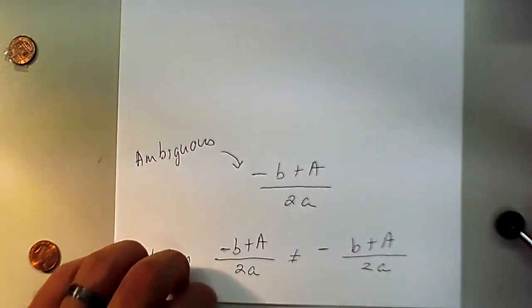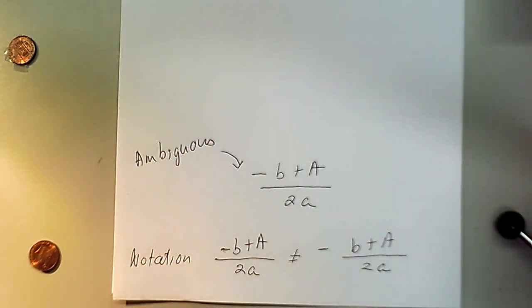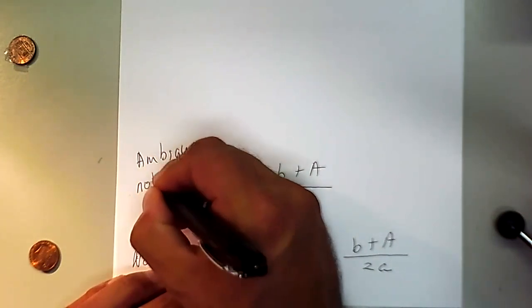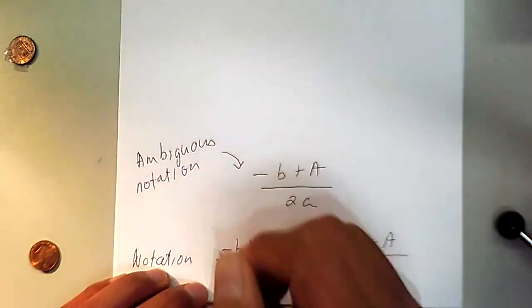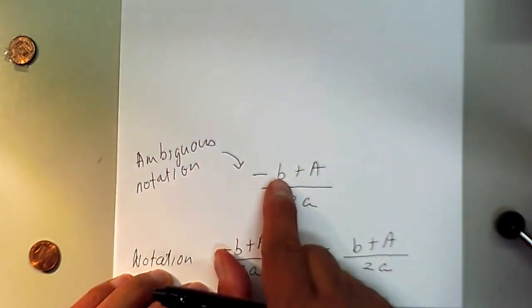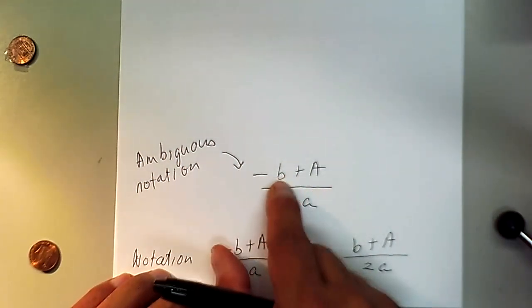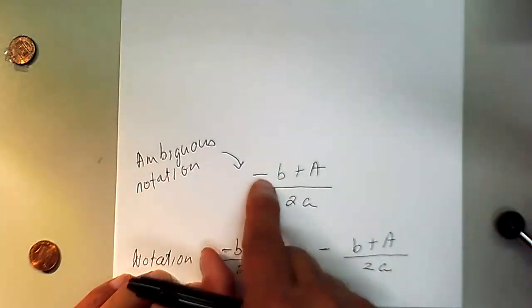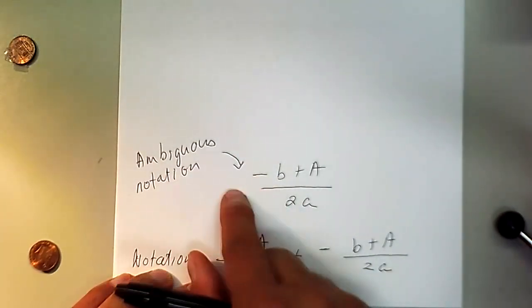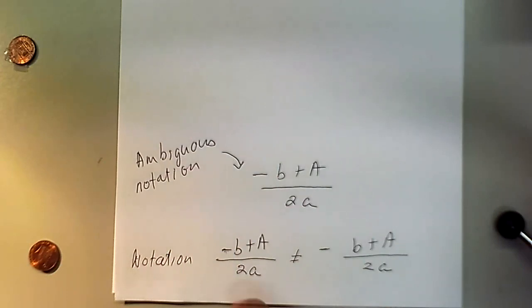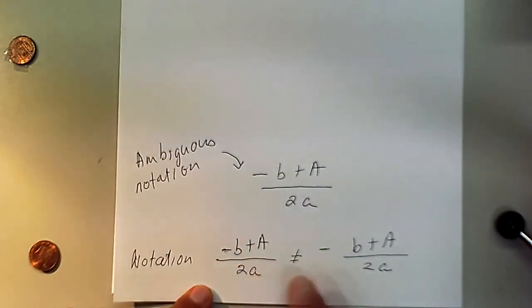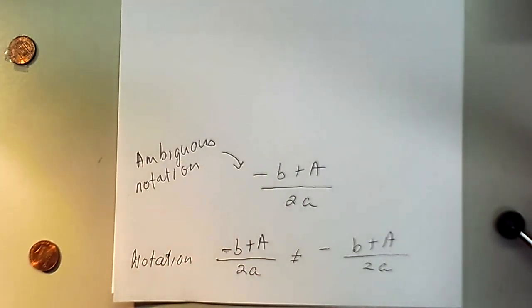And ambiguous in mathematics is incorrect. Is the negative inside of the fraction, which means that it's only affecting the b, or is it outside? If it's half inside and half outside, then we don't know. We cannot declare whether we have this situation or this situation, and it's got to be very clear which one we mean.